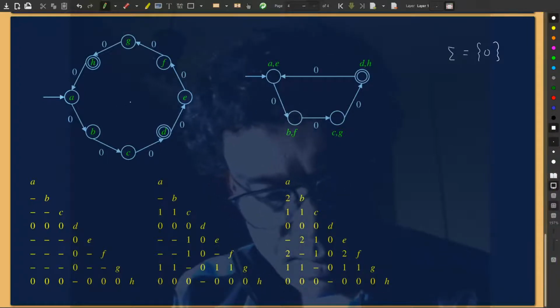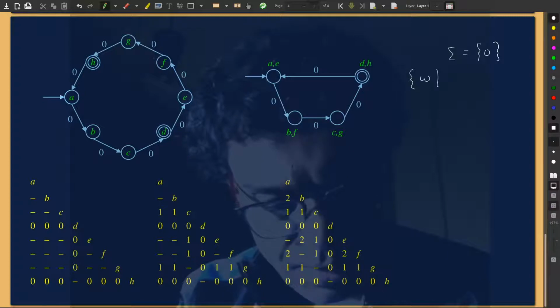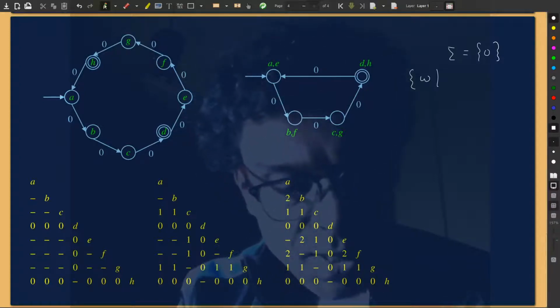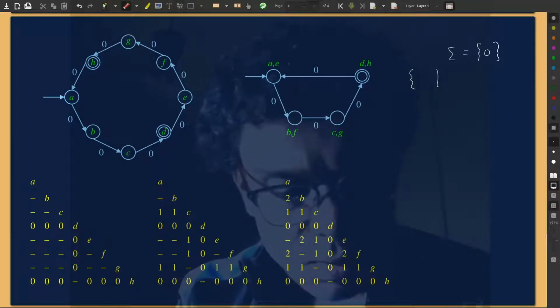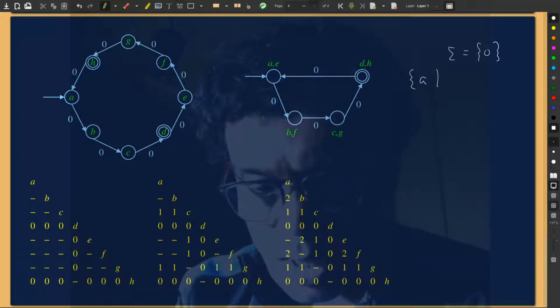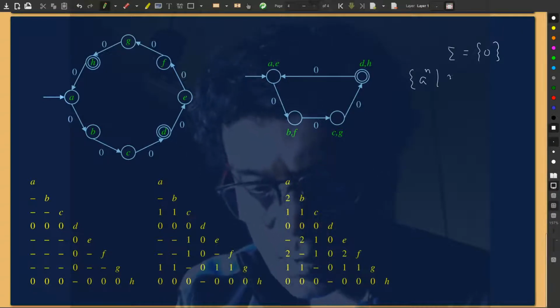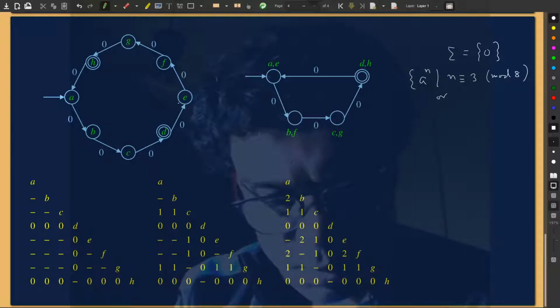And this DFA says it accepts all strings W over this unary alphabet such that the length of W, or maybe I write it this way, 0 power n such that n is congruent to 3 modulo 8, or 3, 4, 5, 6, 7.